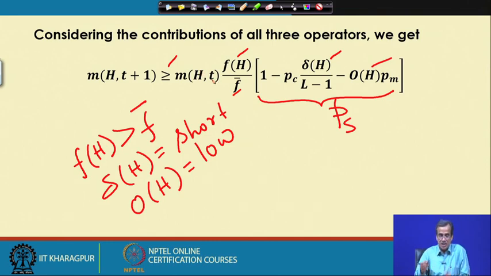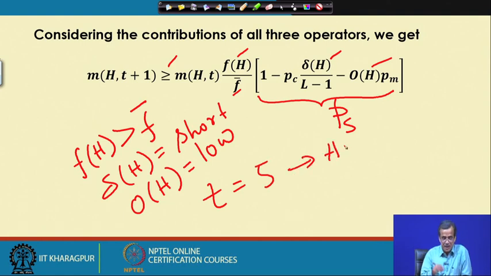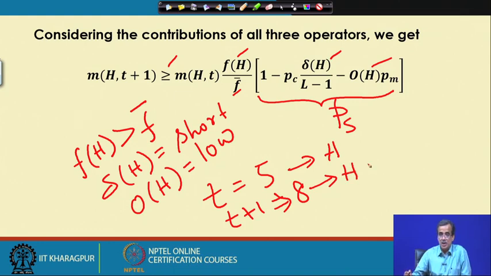That means, at the tth iteration, if I find out that only 5 strings are going to follow schema H, there is every possibility that at the t plus 1th iteration, there might be 8 strings going to follow schema H, provided F h is found to be greater than F bar, delta H is short and order is low.